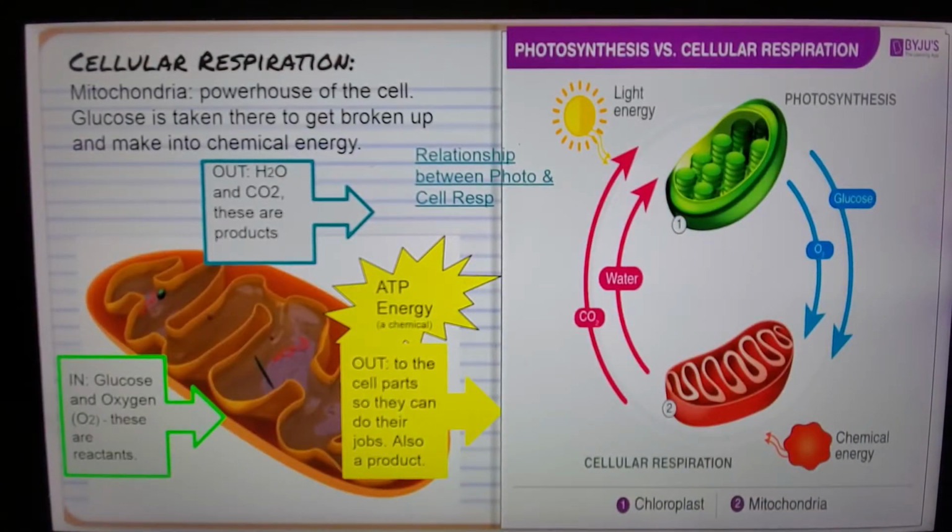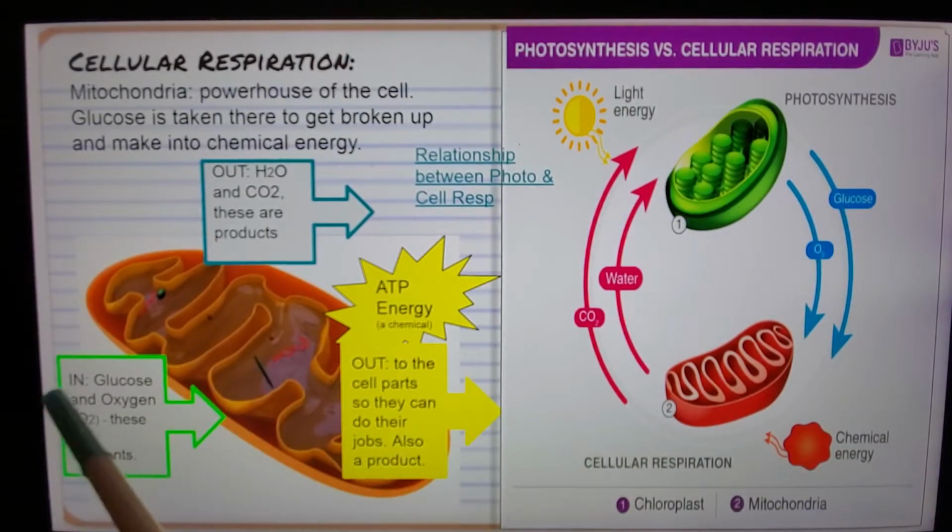And the magic happens in the mitochondria. We call the process where the glucose is being broken up cellular respiration, and it happens in the mitochondria. So the plant makes the glucose in the chloroplast, and then it sends it within the same cell to the mitochondria to break it up.